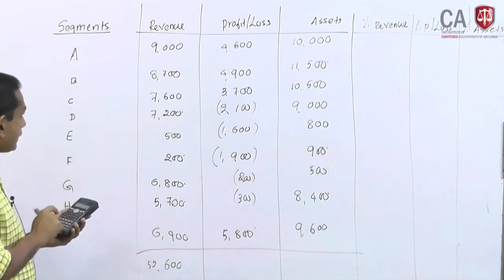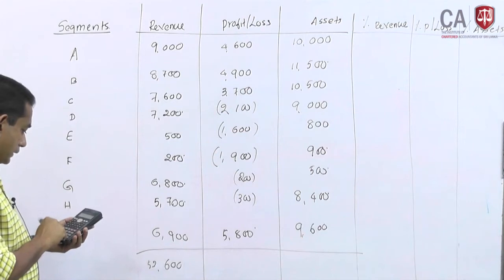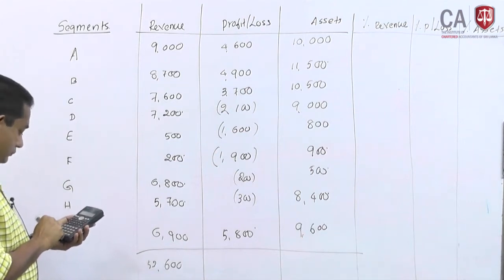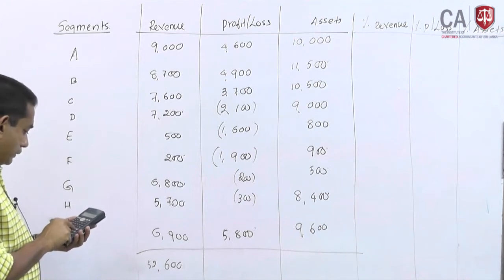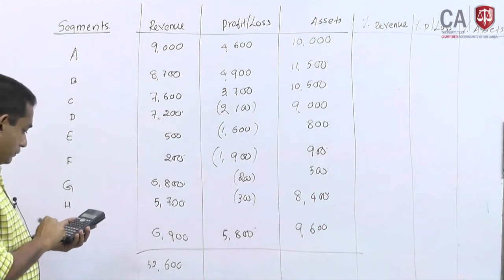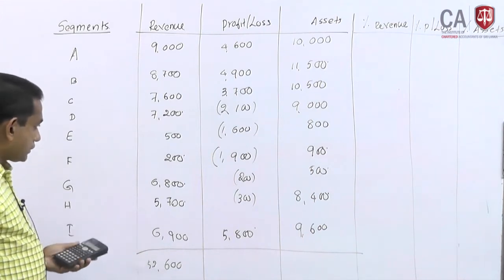Let me do a small quick double check. 9,000 plus 8,700 plus 7,600, 7,200 plus 500 plus 200 plus 6,800 plus 5,700 plus 6,900, 52,600.